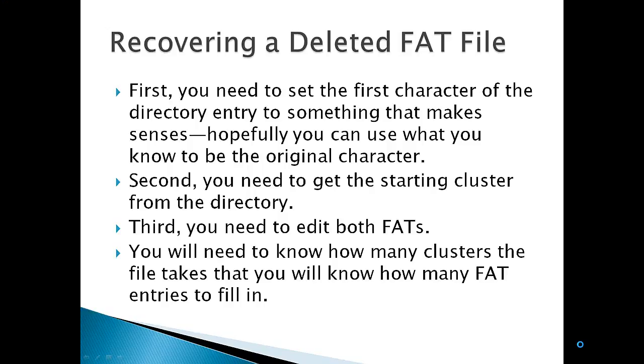You may or may not know what it's supposed to be, but even if you don't know, you have to change it to something that makes sense. Second, you need to get the starting cluster from the directory, remembering that the starting cluster is not what you're going to put into the FAT, it's how you find the starting FAT entry. Third, you're going to need to edit both FATs. And lastly, make sure that you know how many clusters the file takes up. That's because you're going to have to recreate the FAT chain and go next, next, next until you get to the end of the file.